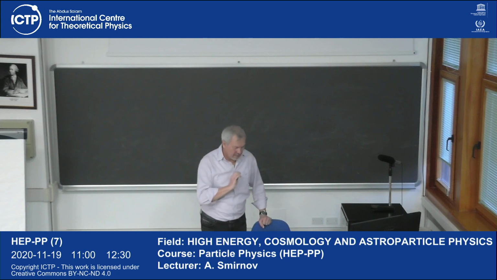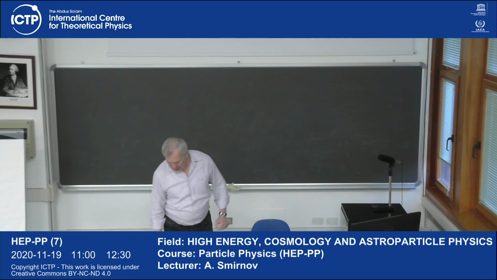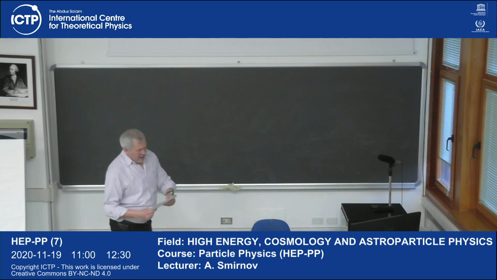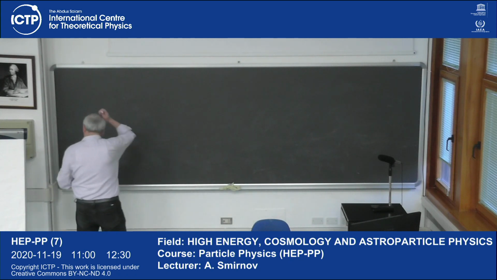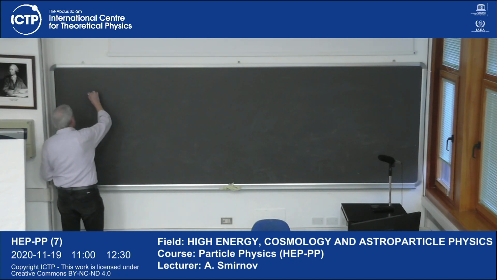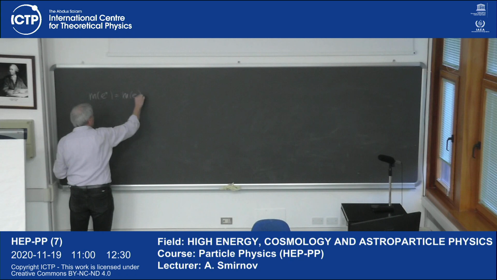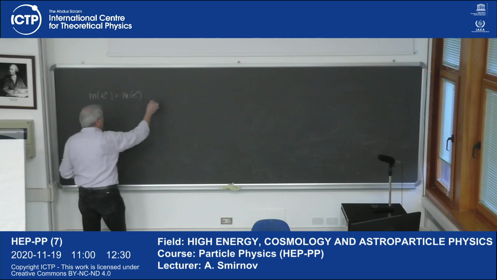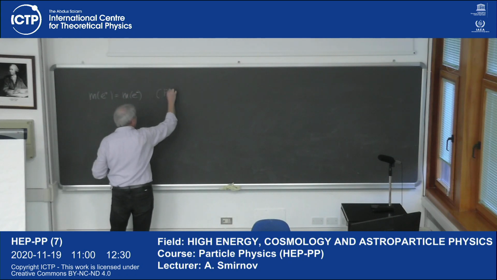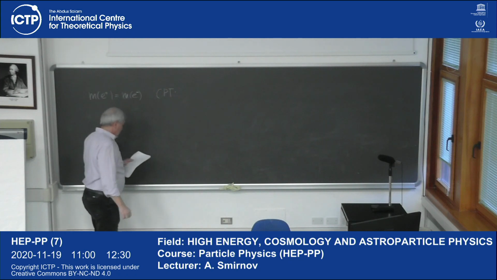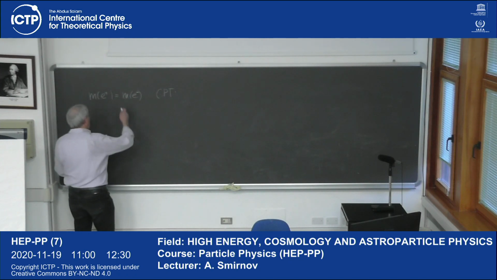Now, Dirac had written an equation for the electron. It was also known that the mass of the positron should be equal to the mass of the electron. So now we know this is a consequence of CPT. And that was actually mentioned by Oppenheimer in 1960.